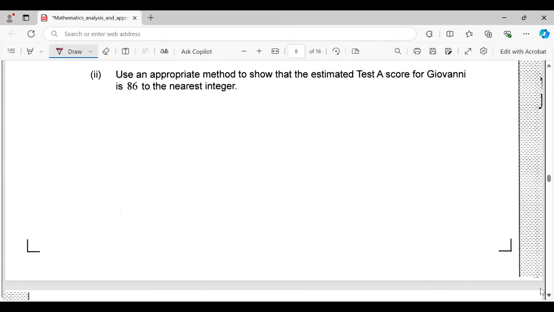So the first step, we have to complete the table. So this is students, students 1, 2, 3, 4, 5, 6, 7, 8, 9, and 10.